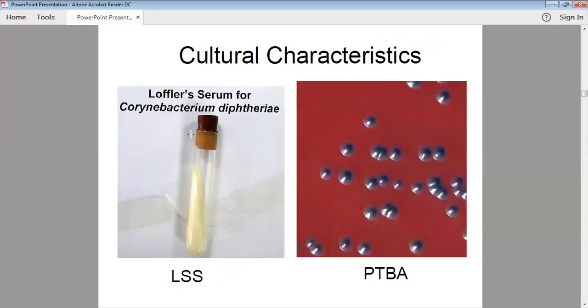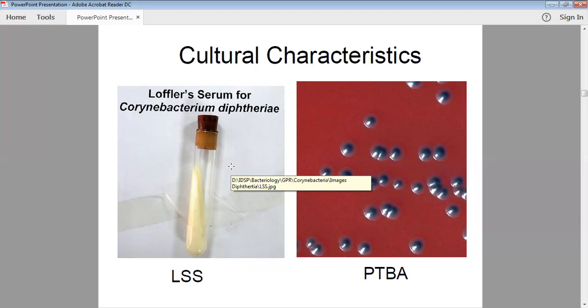Now the cultural characteristics. The media used for isolation: one is the enriched medium, Loeffler's serum slope, and the second is potassium tellurite blood agar. Loeffler's serum slope is an enriched medium containing serum. The advantage of this medium is rapid growth: colonies appear in 6 to 8 hours, so it is used for early isolation of the bacteria.